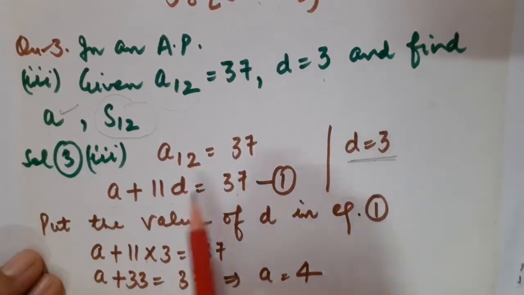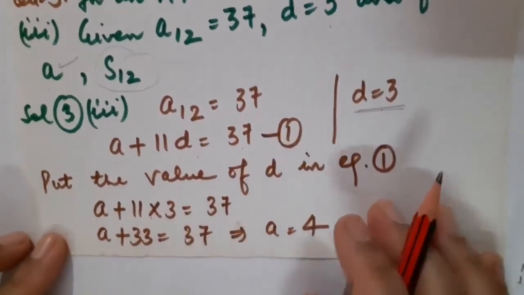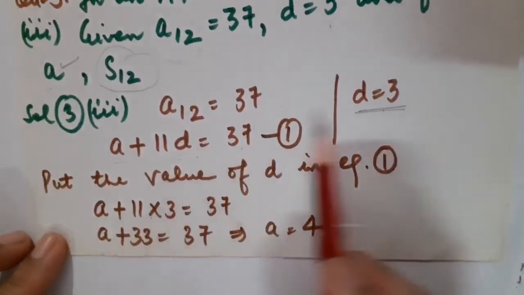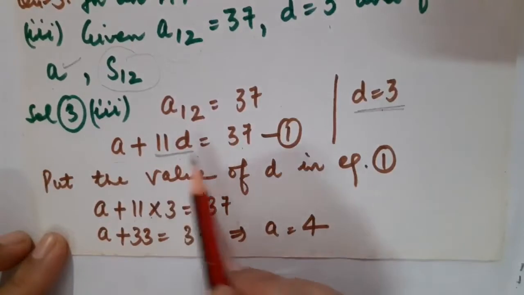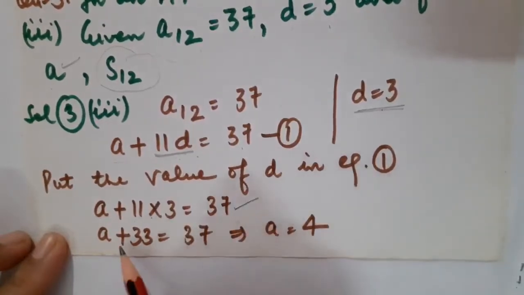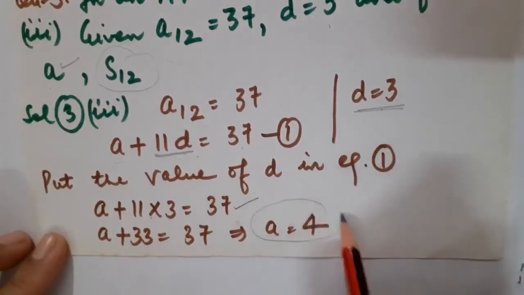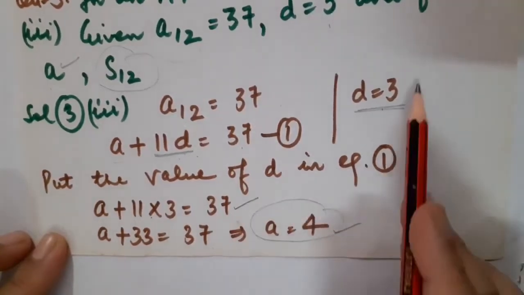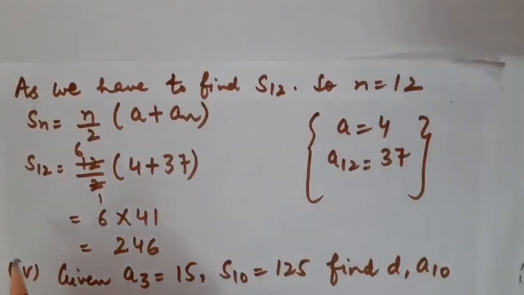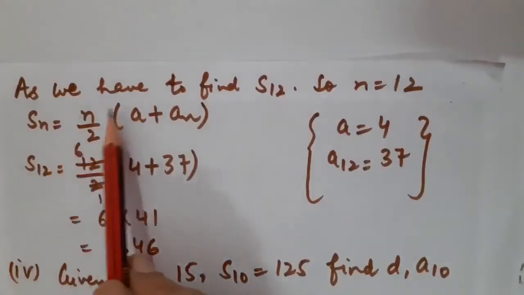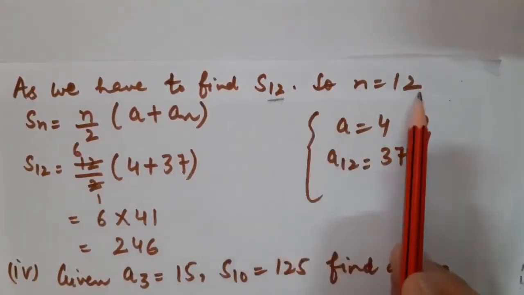So let us substitute the value of D in this equation number 1. So children, I have got A plus 11 into 3, because 11 and D are multiplying, is equal to 37. A plus 33 is equal to 37. So what is A? A is equal to 4. Now I know A. I know the common difference D as well. Now children, as we have to find S12, through this you have come to know that n is equal to 12.